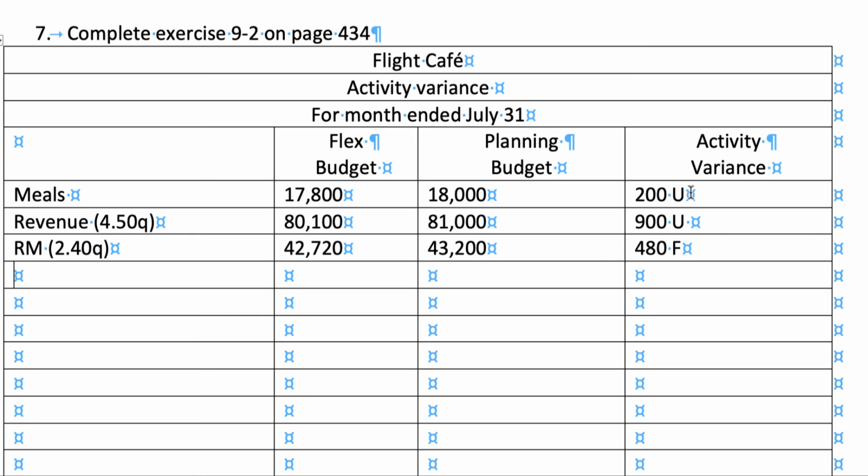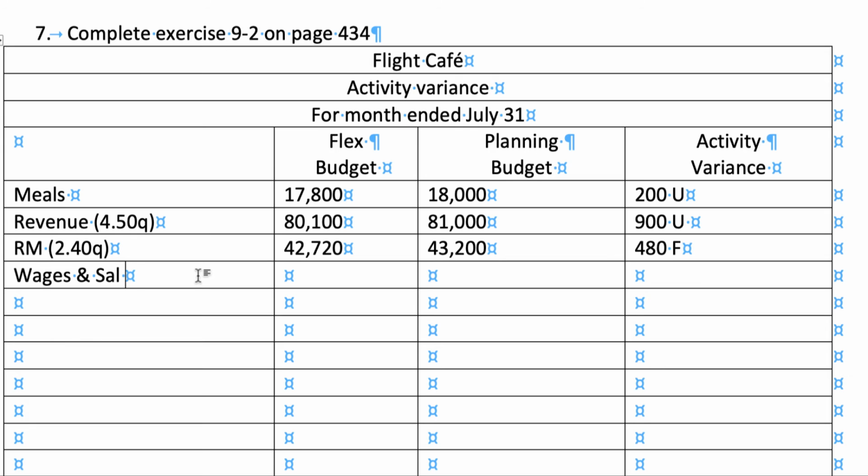Okay, so let's look at the second expense that we have, and that's wages and salaries. So for wages and salaries, what is our cost formula?